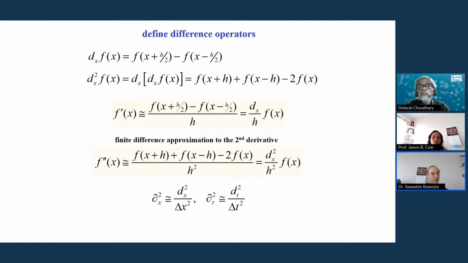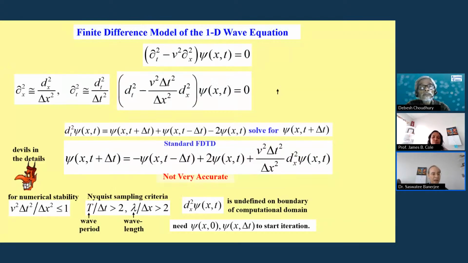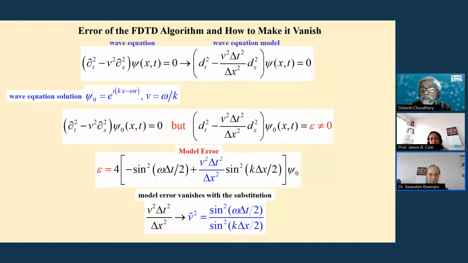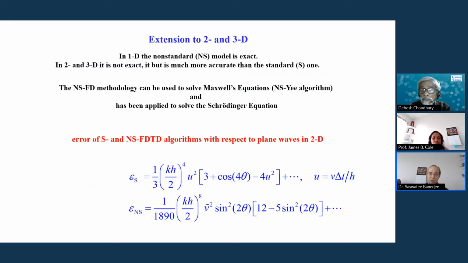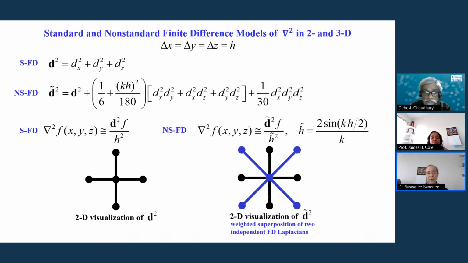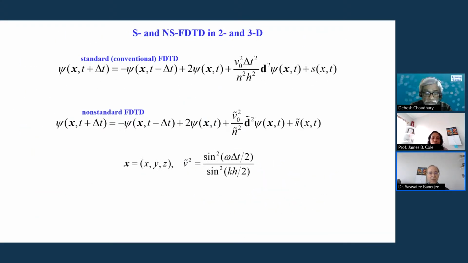Let's go back to here. If it's smaller than 1 in 1 dimension, then the truncation error and round-off error will not accumulate. They will not grow exponentially, and you can have a good calculation. Otherwise, they can grow exponentially, and I will show you an example of this very soon.